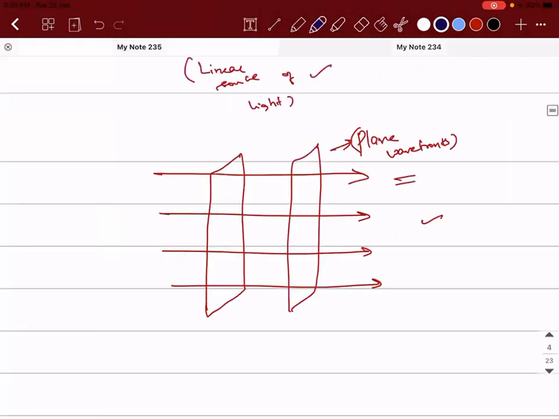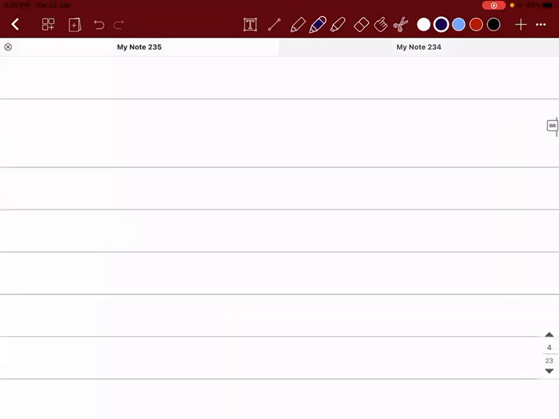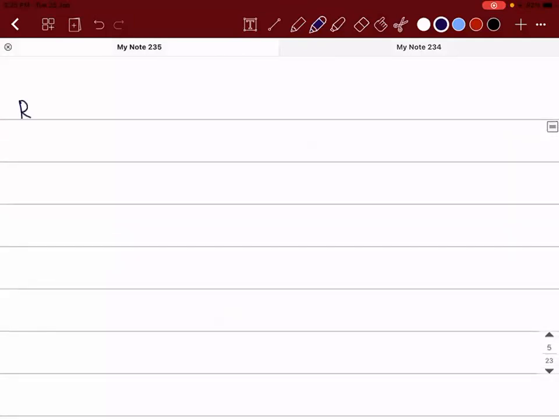So the next thing is rays. What are rays? An arrow drawn perpendicular to the wavefront is what we call a ray.